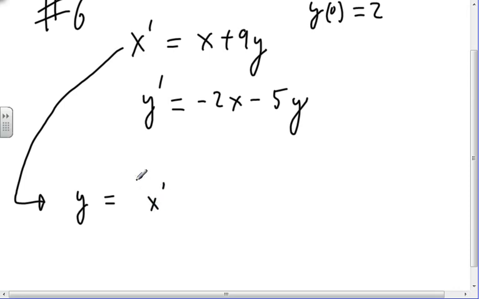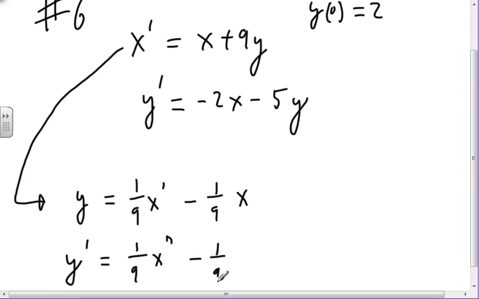So I'm going to solve this equation and say y is equal to 1/9 x prime minus 1/9 x, and then y prime is 1/9 x double prime minus 1/9 x prime, which has to be minus 2x minus 5 times y.